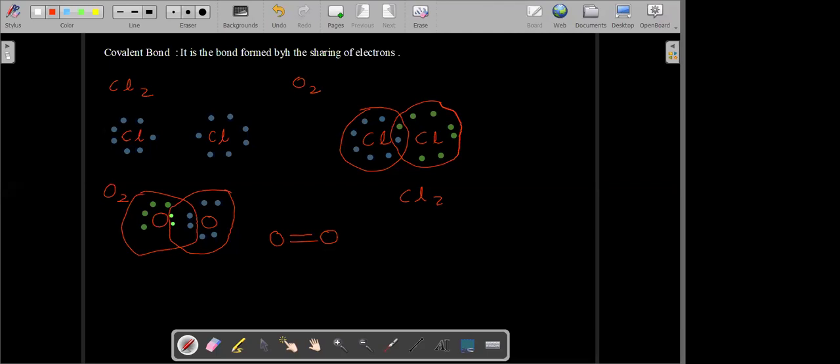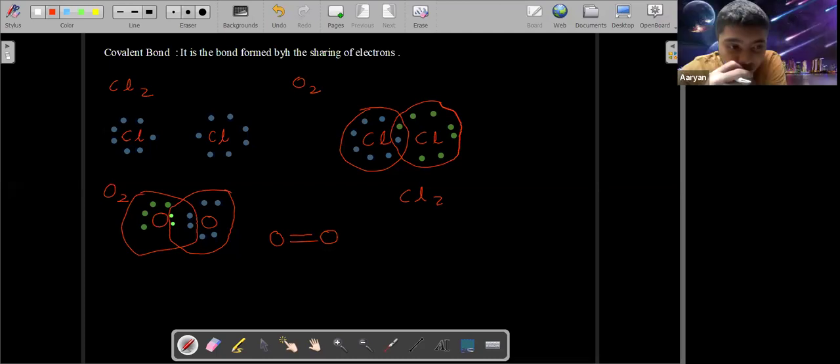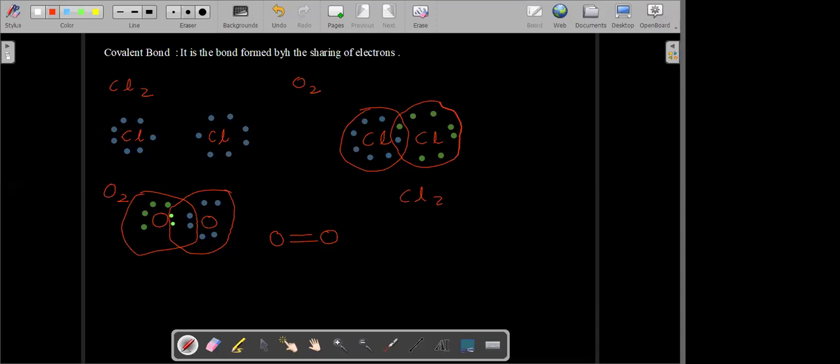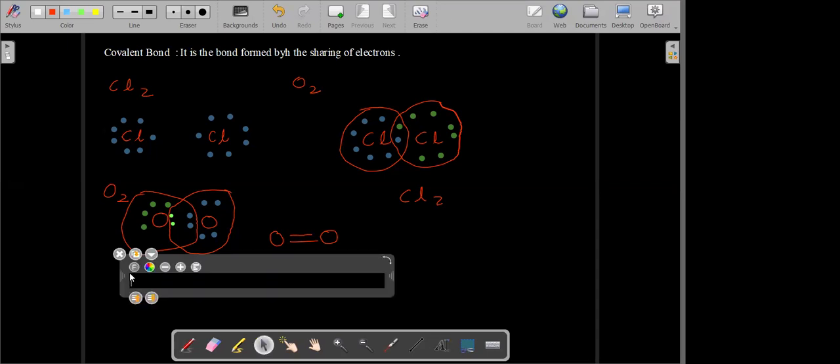Okay. So Rijwana, how many electrons participate in the formation of a single bond? A single covalent bond. Sir, could you explain the question? How many electrons participate in the formation of a single bond?